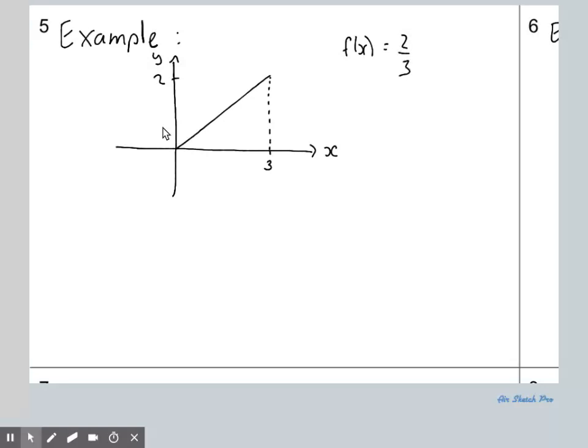So it's 2/3 x, or 2x on 3 would be fine as well. And then c is the y-intercept. I can see that it cuts through at the origin, so the y-intercept is 0. So I don't need to write plus 0 in. And so the function is simply f of x equals 2/3 x. And that's it. So let's work out the volume.